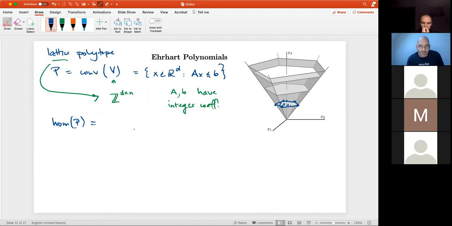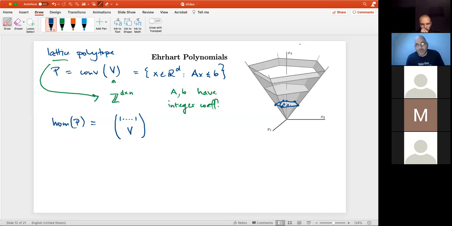I take my vertices, so still think of this as a matrix, and stick a bunch of ones up on top. So each vertex of the polytope now gets lifted 1 dimension higher with a 1 on top.